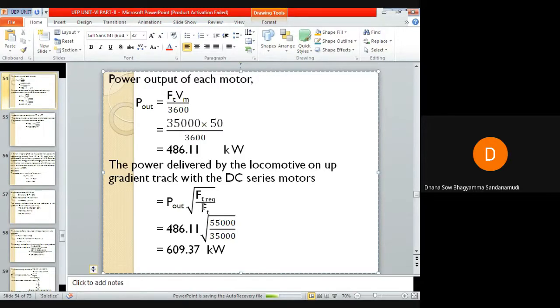The tractive effort required is 55,000 and the tractive effort to hold the train is 35,000. P out, just now calculated for each motor, is 486.11. You simplify it, you will get 609.37 kilowatt.